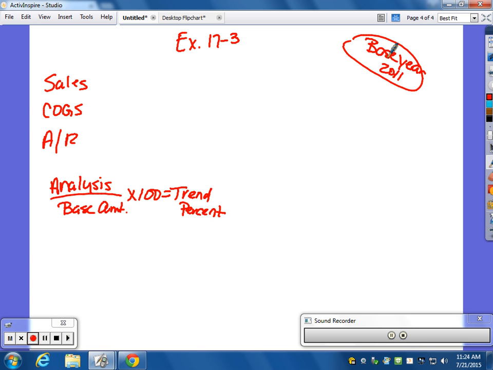If 2011 is the base year, then the trend percent for 2011 is going to be what percent? 100% for each one of these accounts.